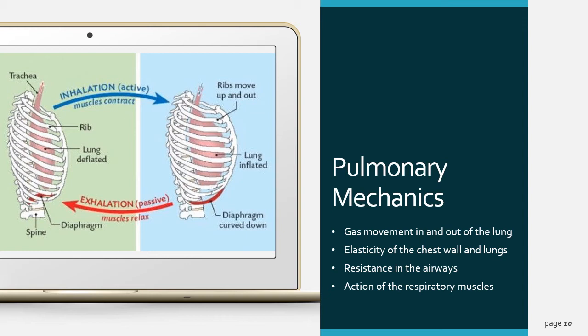Some PFT systems report inspired and expired tidal volumes separately. Others combine the two. Typically, an average of at least 10 resting breaths is a better method of reporting tidal volume.